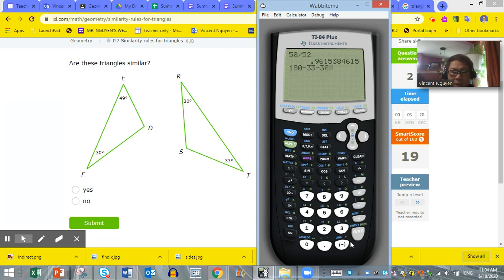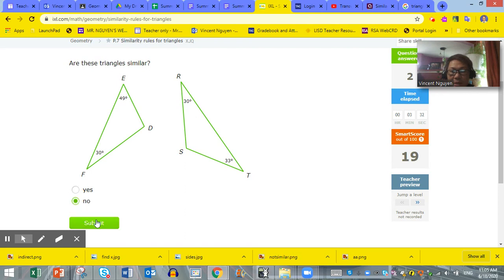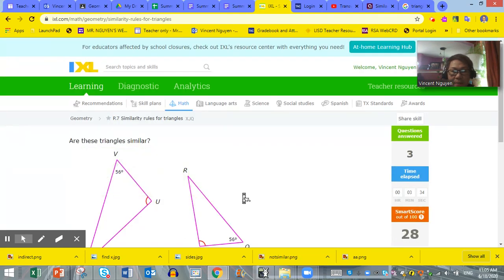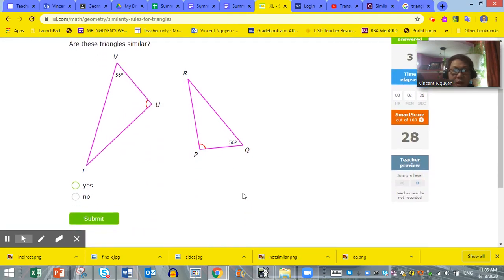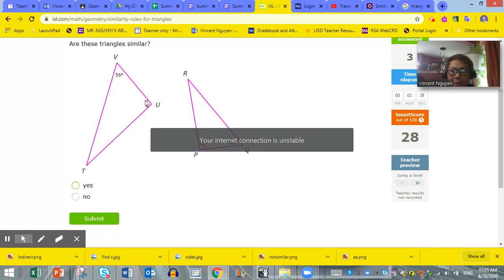Let's see if it's 49. Nope, it's not 49. So that means this angle does not equal that one, or that one, and so we don't have similarity. So I say no. Okay. Awesome. All right. These problems seem to be repetitive.